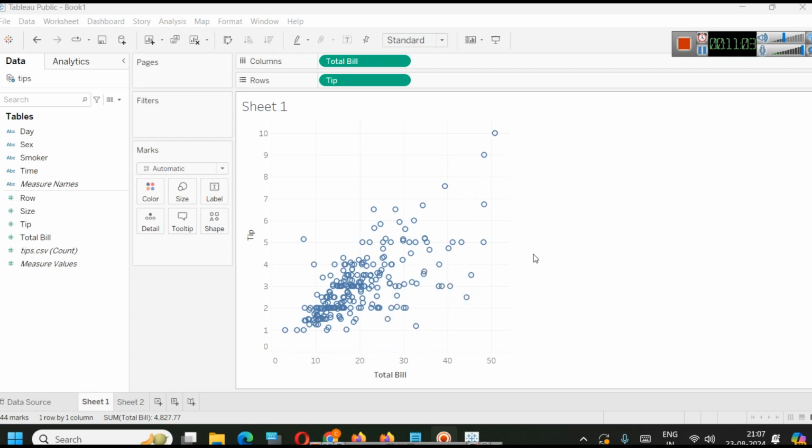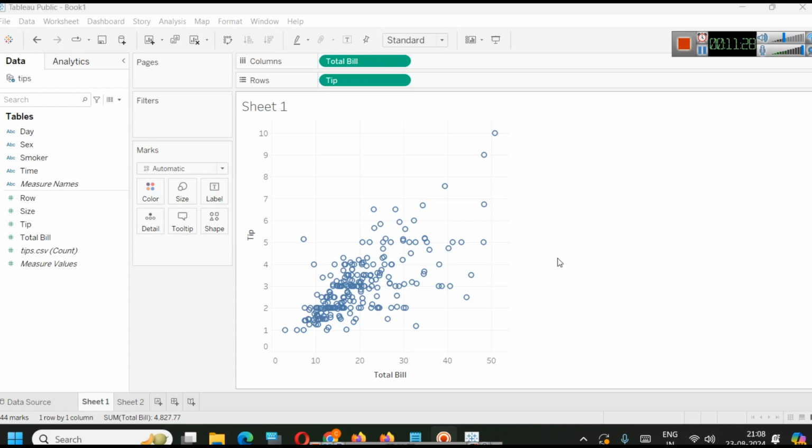We can see that. But that increase is not perfectly linear. Otherwise, it would have been a perfect straight line. So these points are scattered.